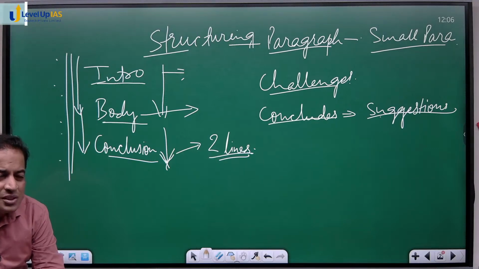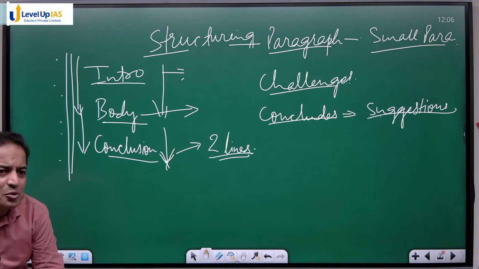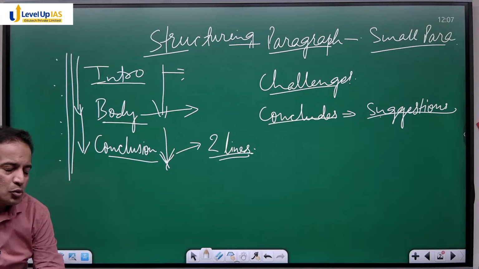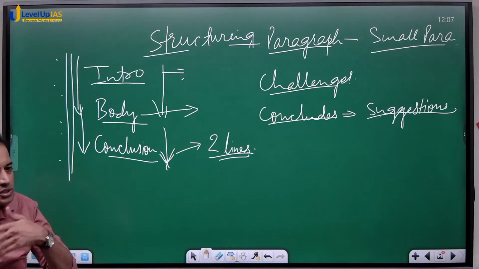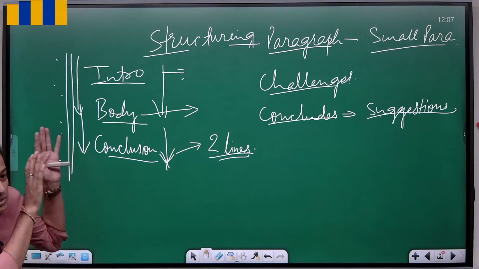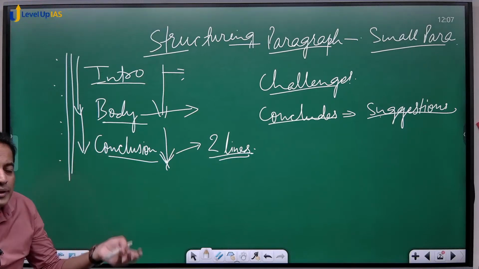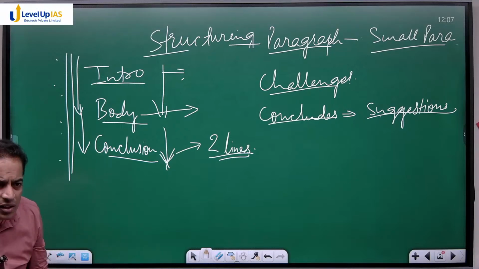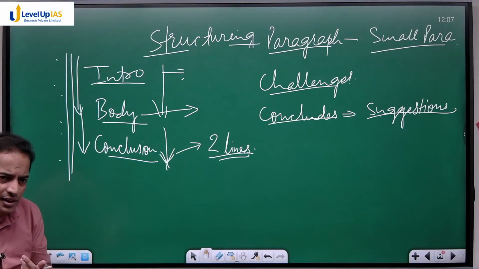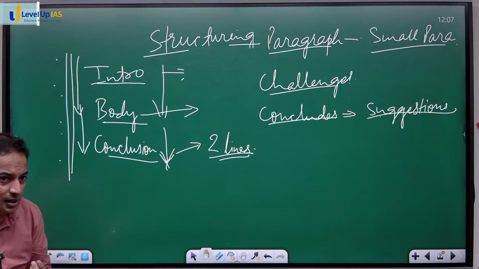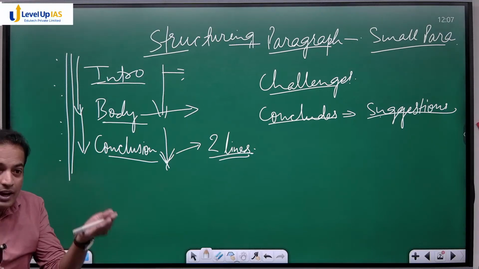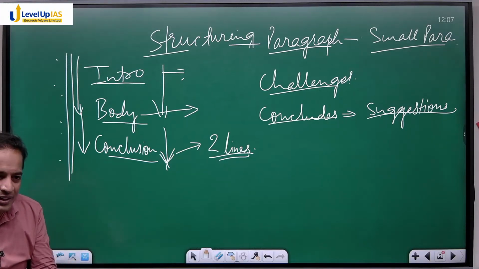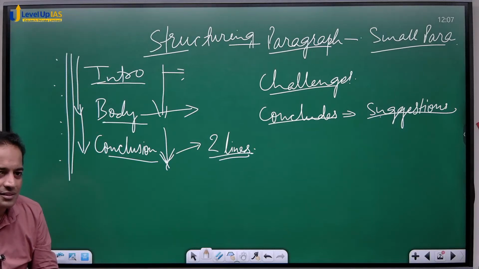This is your conclusion, this is your way forward, the way you want to put it. So please do not entangle yourself in all this. This is something very simple. The more you practice, and in case there are specific questions where you are feeling problem, contact me. You have got the contact number, you have got WhatsApp, even you have access to this place. You can come, we can sit, we can discuss.